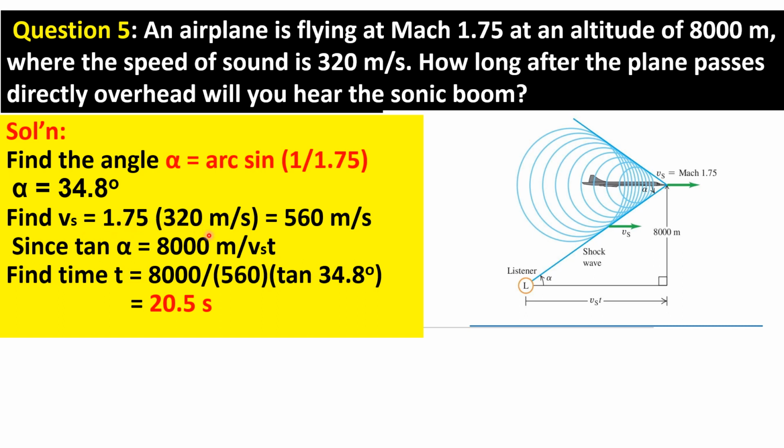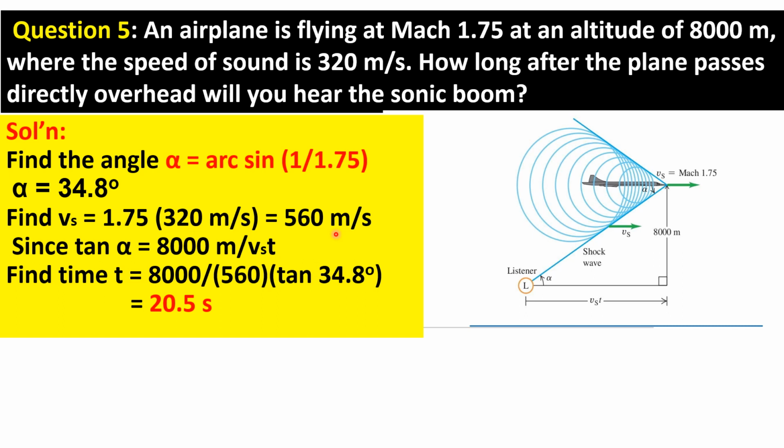Just multiply it by the speed of sound, which is 320 meters per second, and we will get 560 meters per second. That is the speed of the airplane moving at 1.75 Mach if the speed of sound is 320 meters per second.